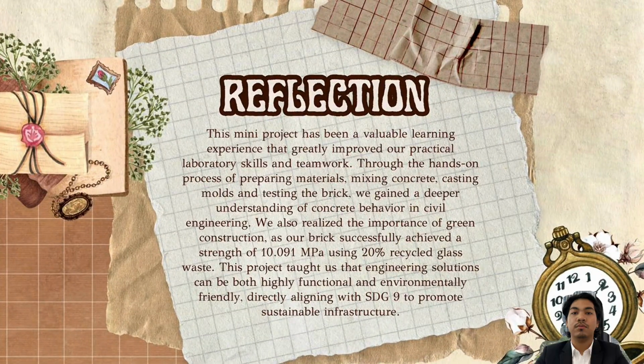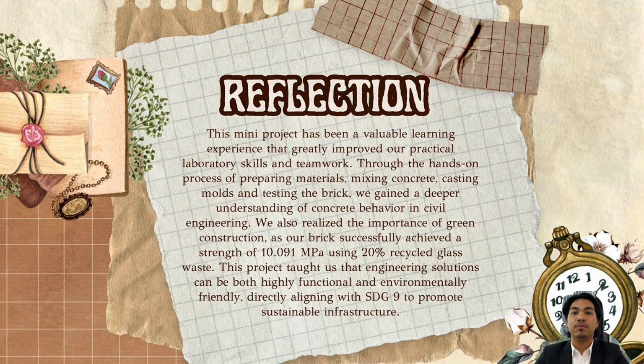For our reflection, this mini project has been a valuable learning experience that greatly improved our practical laboratory skills and teamwork. Through the hands-on process of preparing material, mixing concrete, casting mold, and testing the brick, we gained a deeper understanding of concrete behavior in civil engineering.